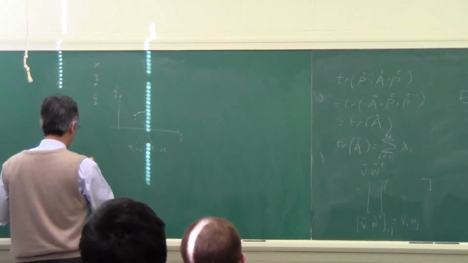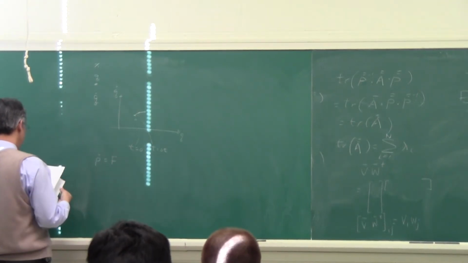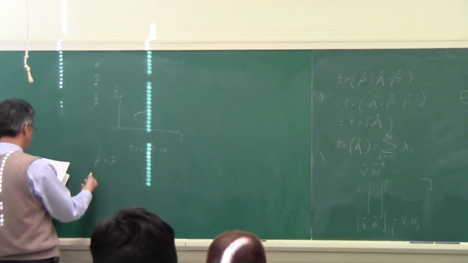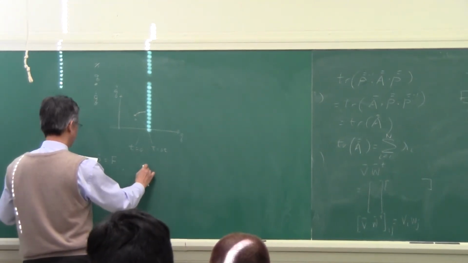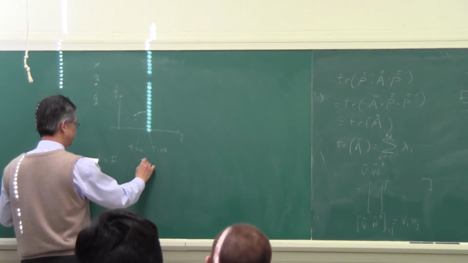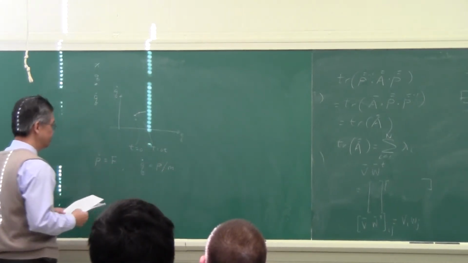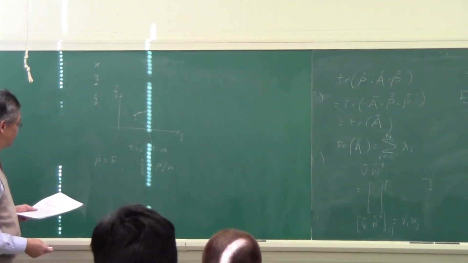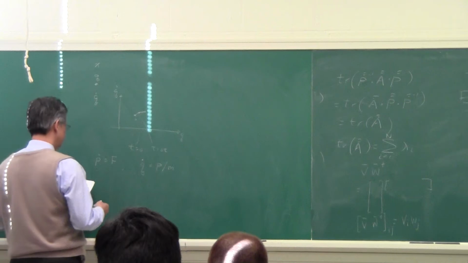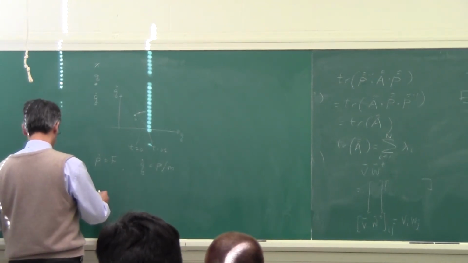So you can see that the equation of motion, as Ian has shown, is that the rate of change of momentum, p, is equal to the force. And the rate of change of position, which is the velocity, is given by p over m. So this can be the equation of motion. In order to solve this equation, you can formally write it as a differential equation.